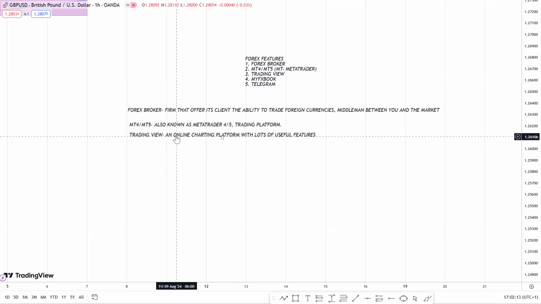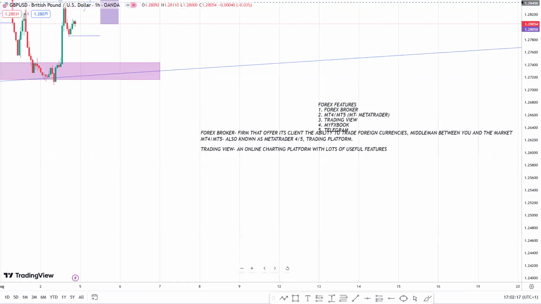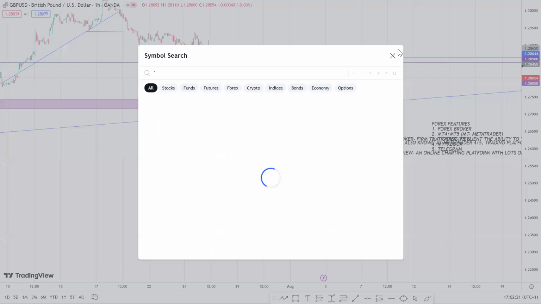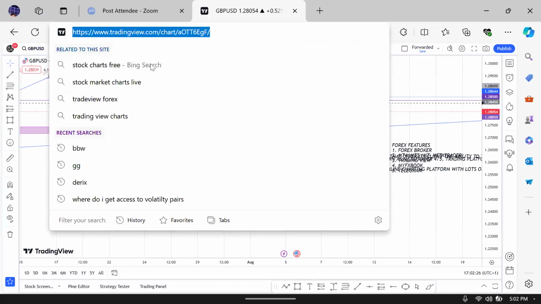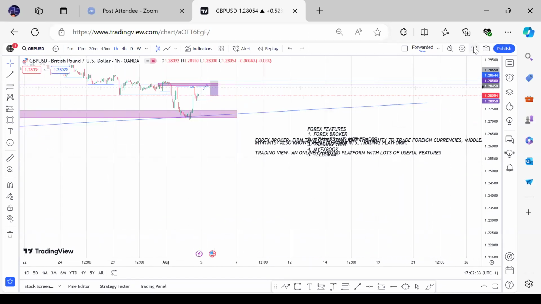This is the platform I'm currently using to type all this out. This is what we call TradingView. You can see here on my chart that this is TradingView. So we are currently on the TradingView charting platform.